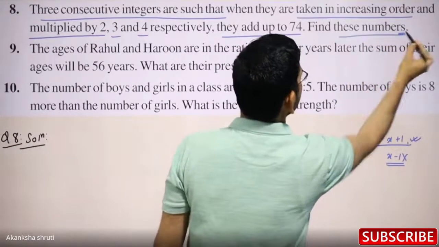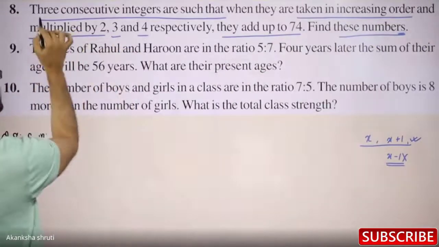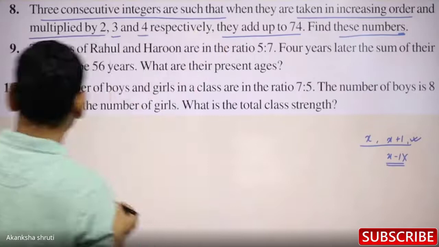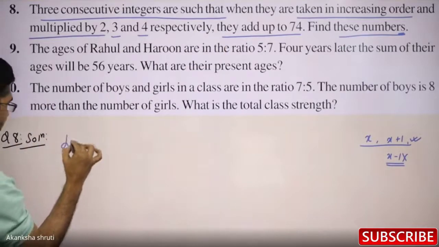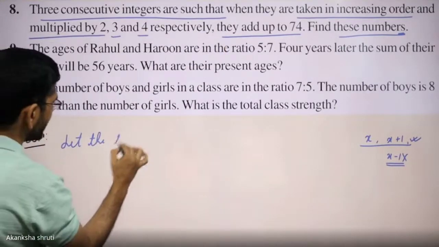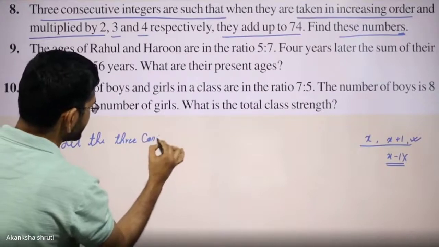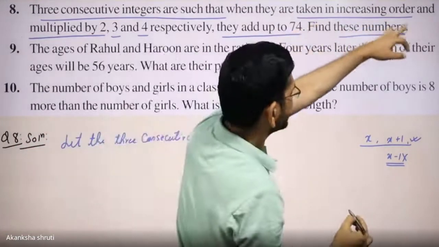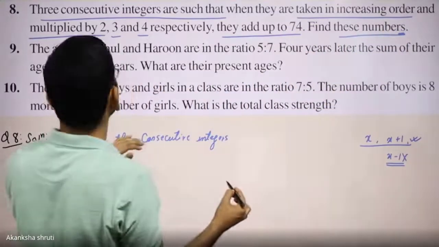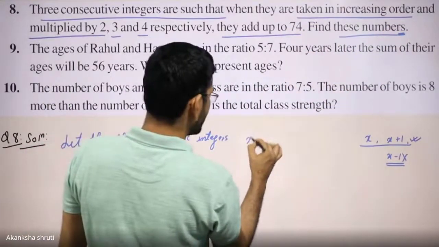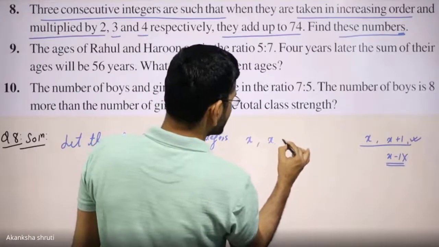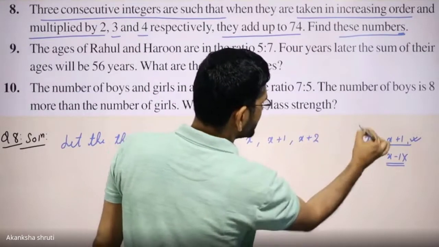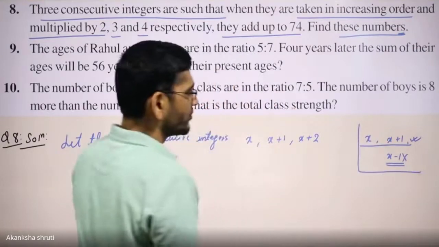How many integers? The 3 integers. Here it is given that 3 consecutive integers are such that. So write down, let the 3 consecutive integers be, and here special care has to be taken, increasing order, and these integers are consecutive. So it will be x, x plus 1 and x plus 2. Why?